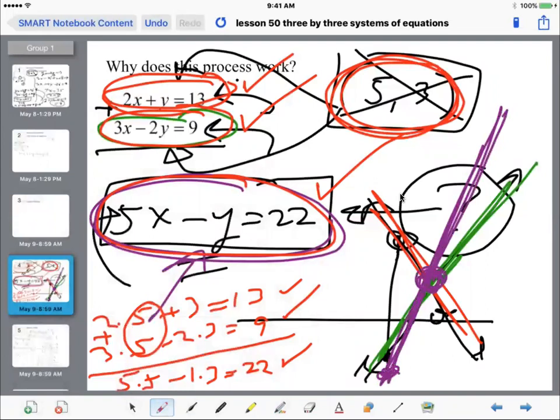So what I'm getting at is when you add two equations together, the brand new equation will go through the common point. If the original two equations have a common point, this third equation will also have that point in its solution set.